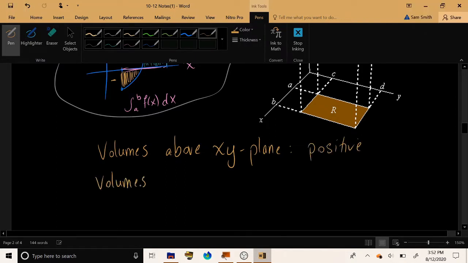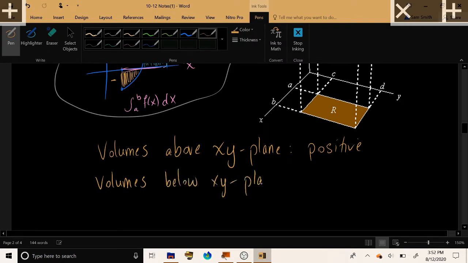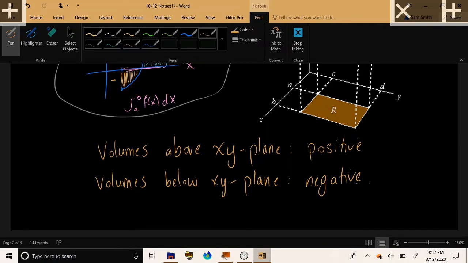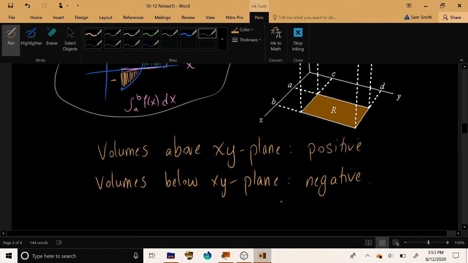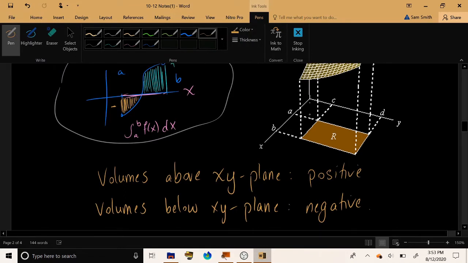Volumes below the xy plane are counted as negative. And over the course of this chapter, we'll be developing a variety of tips and tricks and techniques that we can use to actually calculate the value of these double integrals and the size of this volume.